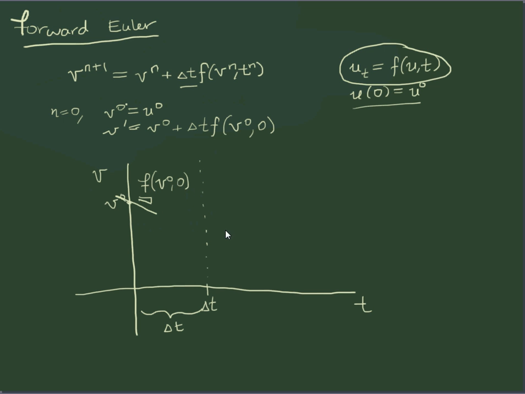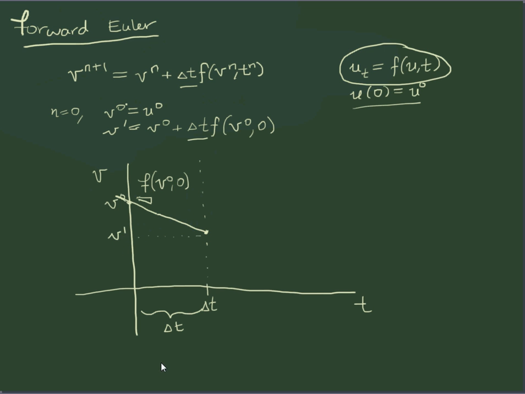This slope tells us the time derivative of the solution at this point. Now for the forward Euler method, we just follow this time derivative a distance delta t, and once we hit this point delta t forward in time, we've arrived at our next numerical point, v1.